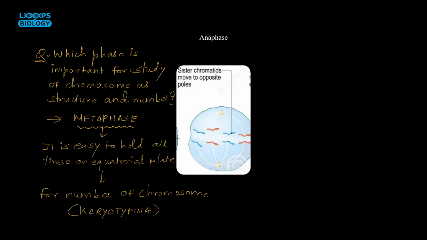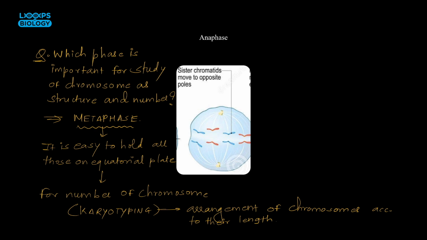Now, what do you mean by karyotyping? That means arranging the chromosomes according to their length. That is very, very important for finding the number of chromosomes, and metaphase is important for studying the chromosome structure.